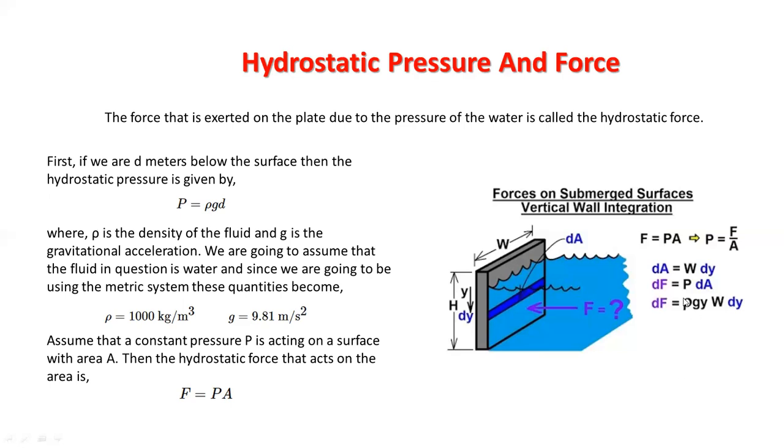So we change now the P, which we assumed to be constant, into an expression in which the D, the distance of the topmost part of the plate to the differential area chosen, is varying. So that D was changed to Y, because in our illustration, it is Y. So we write the P as rho g y.